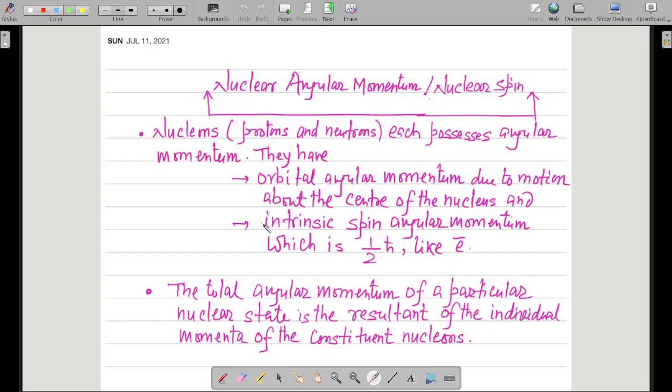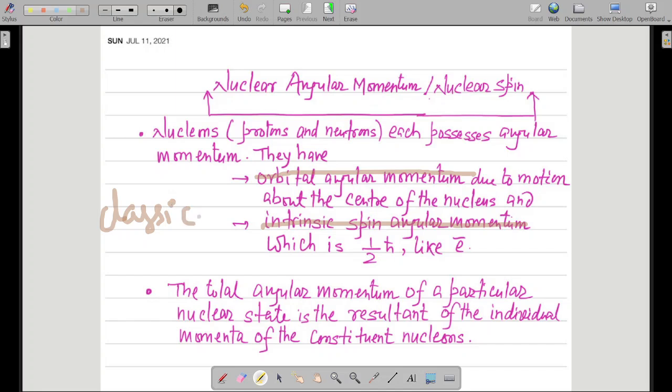Even in a quantum system these things are defined. Orbital angular momentum and intrinsic spin angular momentum are defined for quantum systems as well, but in a different manner, while in a classical system they are defined straightforwardly.